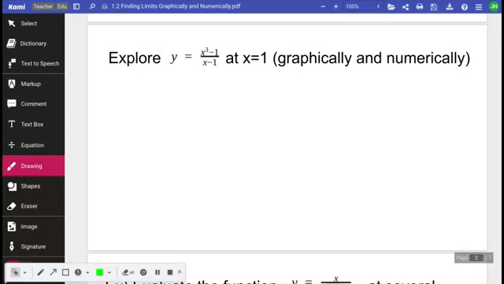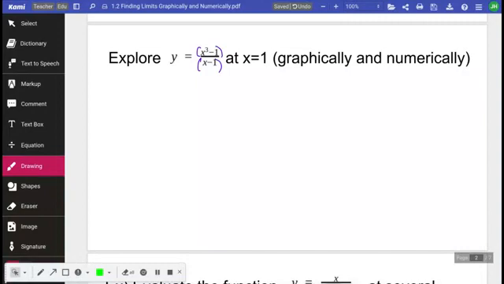So if you have a graphing calculator, go ahead and type something like that in. Make sure you put the numerator and the denominator in parentheses whenever you put that in your calculator. I already did it on this calculator here, and you can see this graph. It looks almost like a parabola, except we know that at x equals 1, if you were to go infinitely close to that, there's not a value.